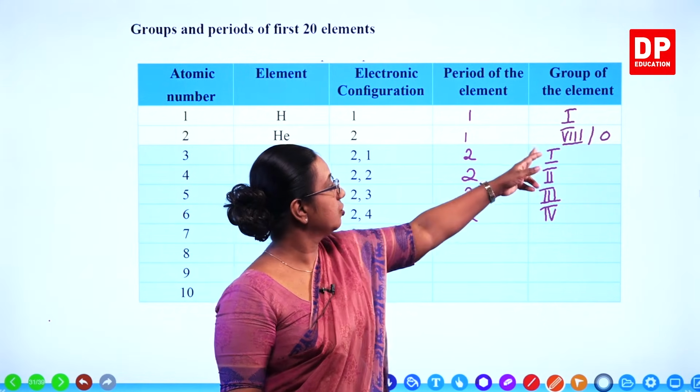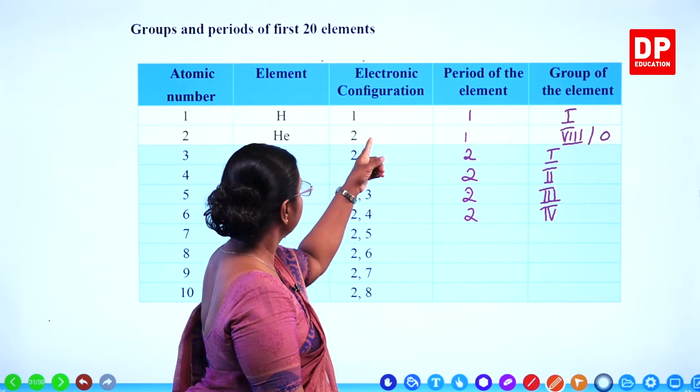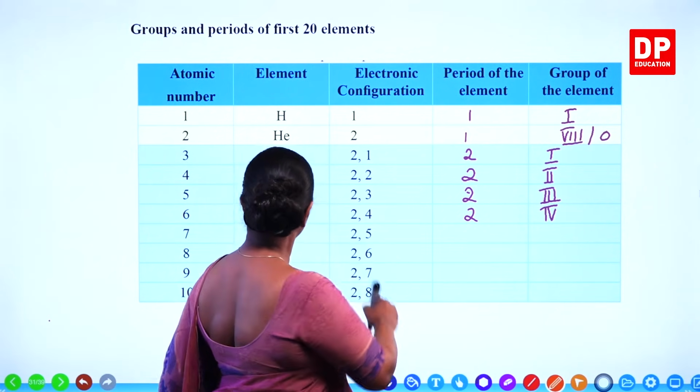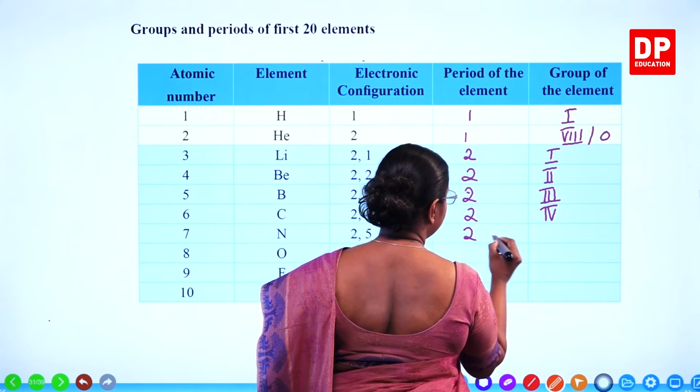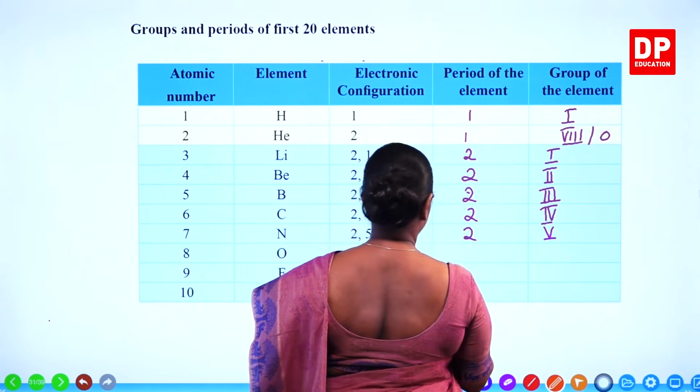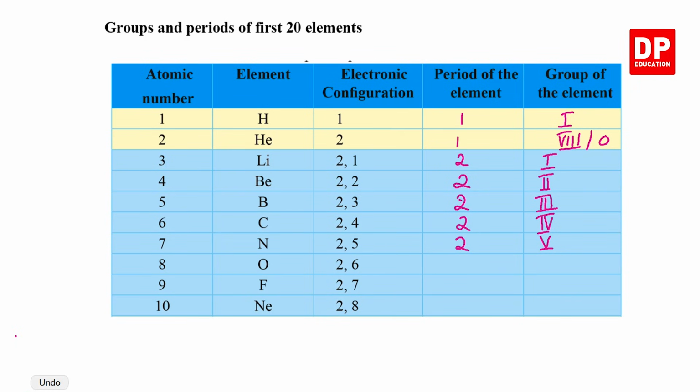So period 2, but the group changes based on the valence electrons. Then we have nitrogen, period 2, group 5. Oxygen, period 2, group 6. Fluorine, period 2, group 7. And finally, neon, period 2 and group 8 or group 0, the same group.